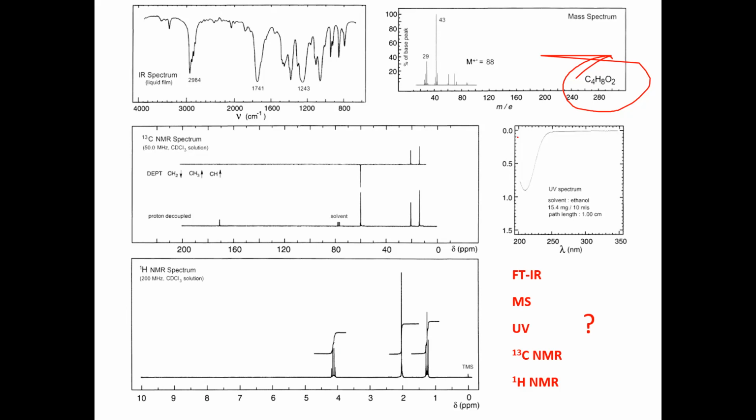The carbon 13 NMR. You remember that if the peak is just over 170, what kind of carbonyl is it? Over 165, normally they are carbonyl peaks.